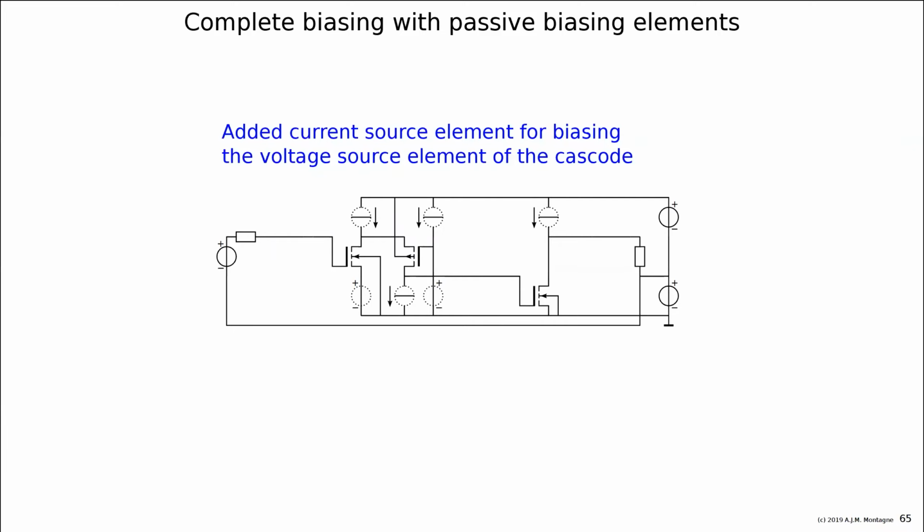But you also see that the voltage source at the gate of the cascode, the P device, is also a nonlinear resistive element, and it needs current. And I have added that current through the voltage source just to bias the voltage source. So basically, you have to realize that your biasing elements should be biased. That's basically what it states.